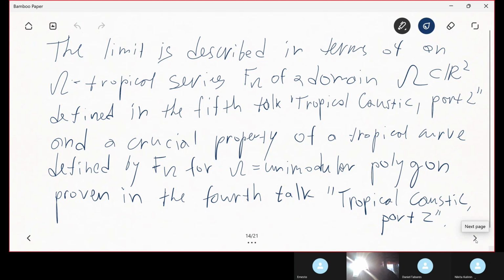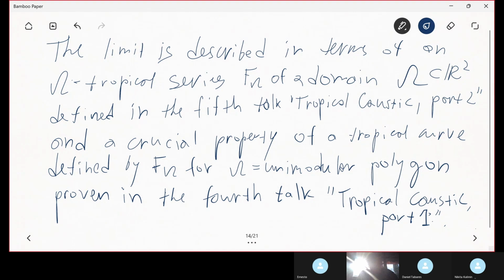And we define a very special omega-tropical series, F omega, in the fifth talk, which is called the tropical caustic part 1. And we prove a crucial property of this tropical curve for unimodular polygons in the fourth talk, which is called tropical caustic part 1.